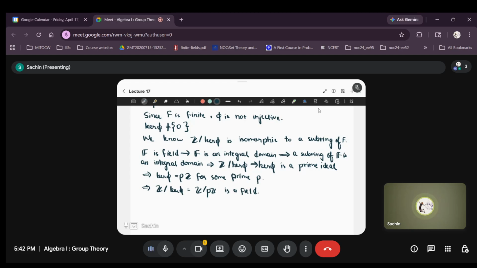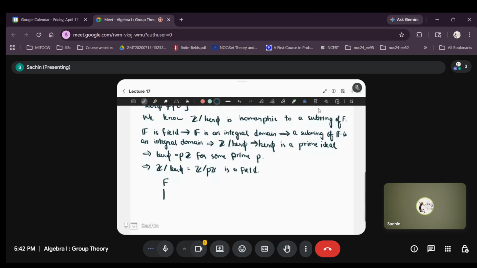So this subring of F that I was talking about, which is isomorphic to Z mod kernel P, is actually a subfield of F. So F is here and you have Z mod PZ within this F, which is a subfield of F. Of course, it's not directly.